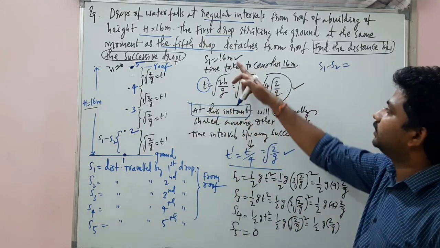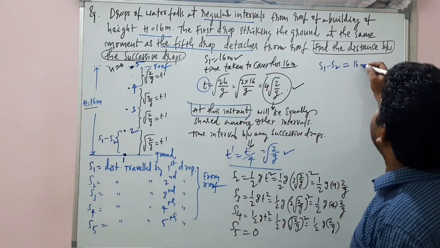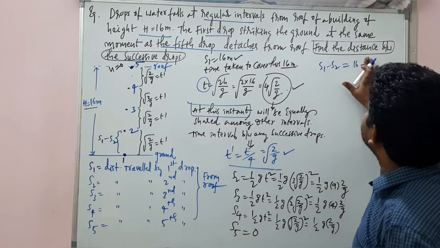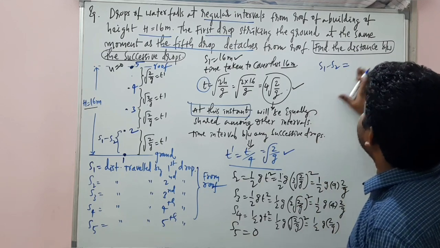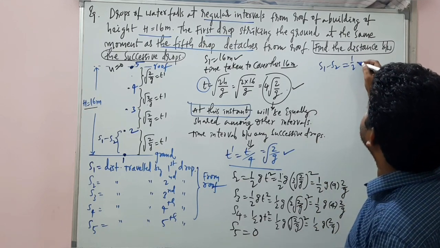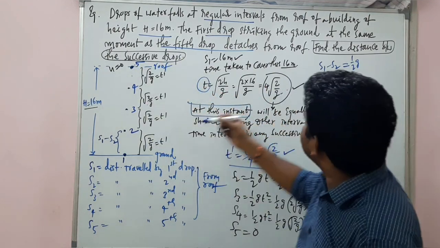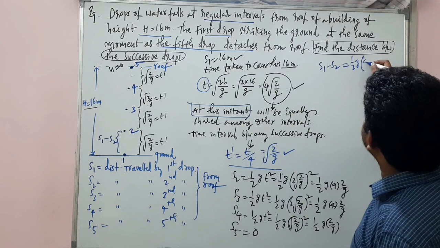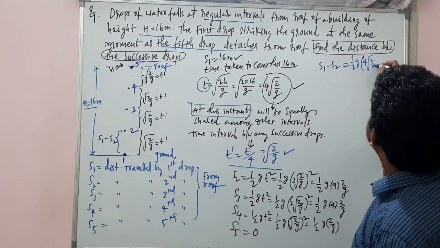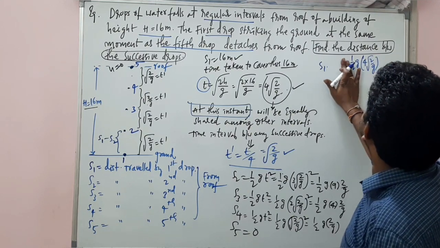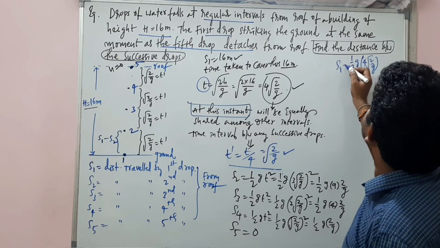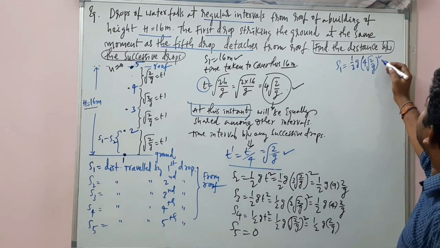S1 is how much here? Before that, let me write S1 here. S1 is half into g into t square. For the first drop, how much time will it take? 4 into root 2 by g. Let me write S1 here. So this is square.